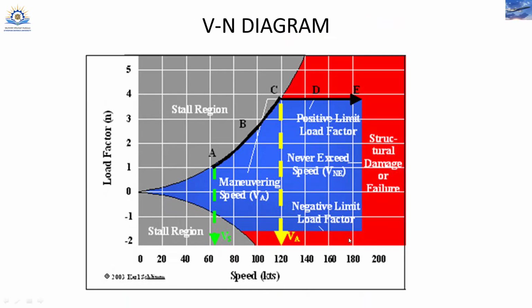The blue line indicates a fully safe region for the flight, but the red lines indicate the structural damage loads. Going beyond the given speed limit will lead to structural damage. Using an inappropriate amount of n will also lead to structural damage.